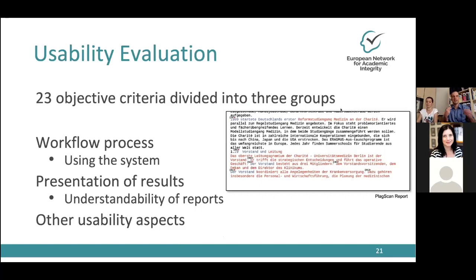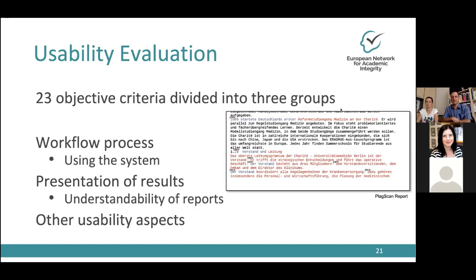For example, some systems force users to fill in metadata. So if you have a folder with let's say 100 documents from students, you are then forced to fill 100 sets of metadata, which is annoying.